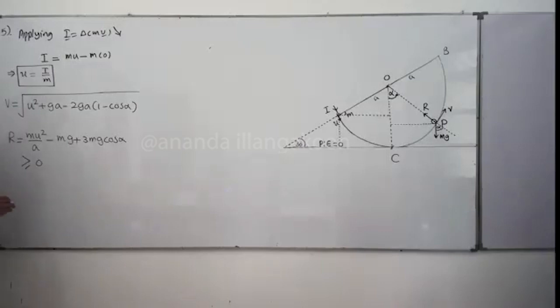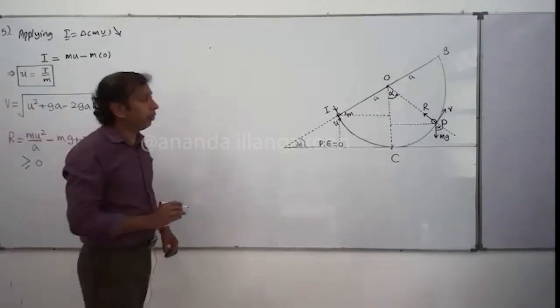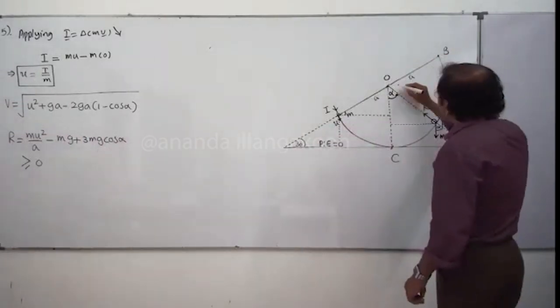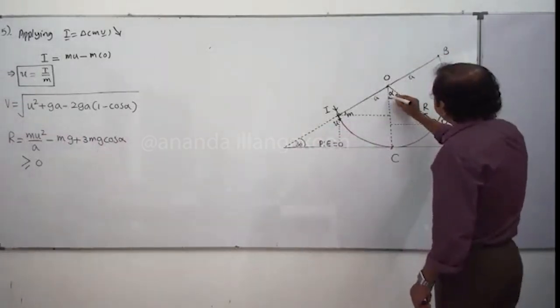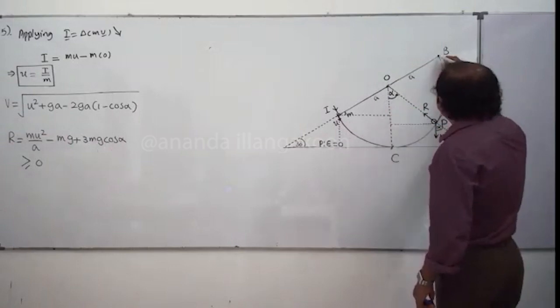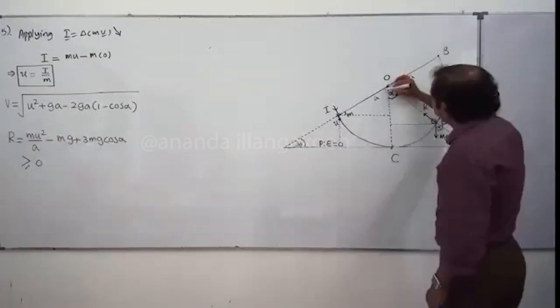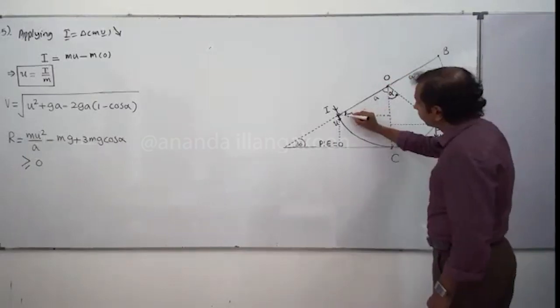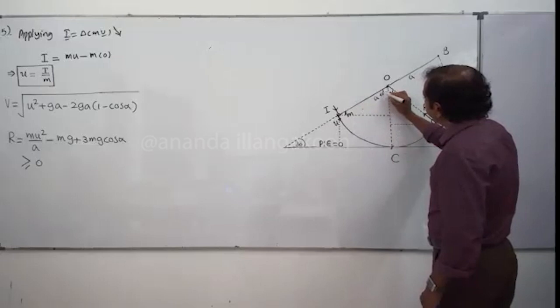Right. Because when the particle is at the point B, what is this alpha angle? This alpha angle will be what when the particle is at the point B? Here, this angle is 30, then this is 60.